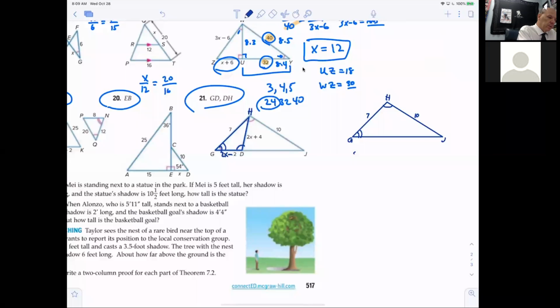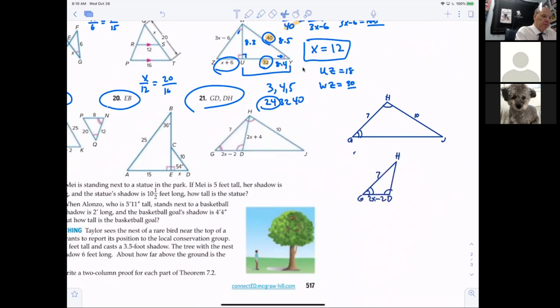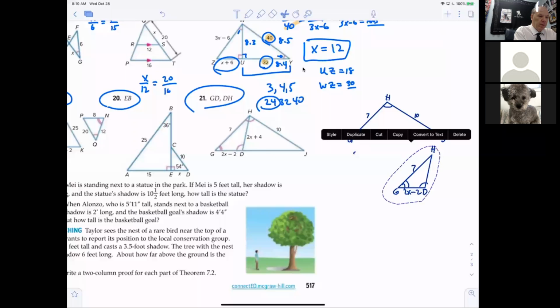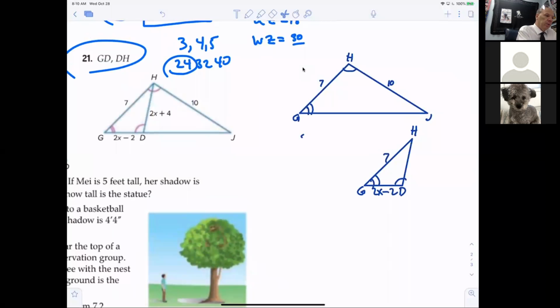This is 2x minus 2, 7. And then once you do that, you could probably now write the proportion. They're similar by angle similarity. Do you agree?